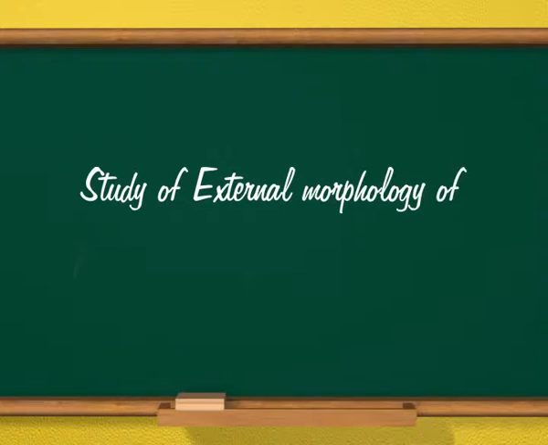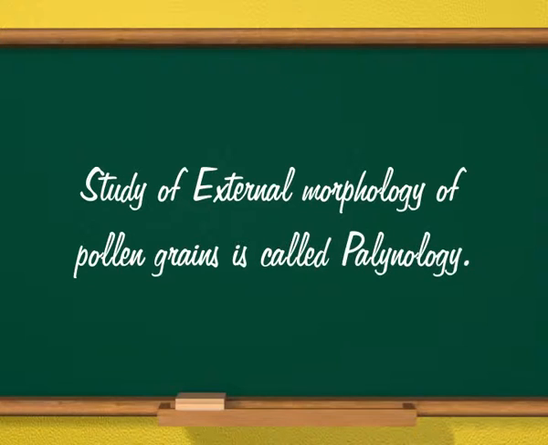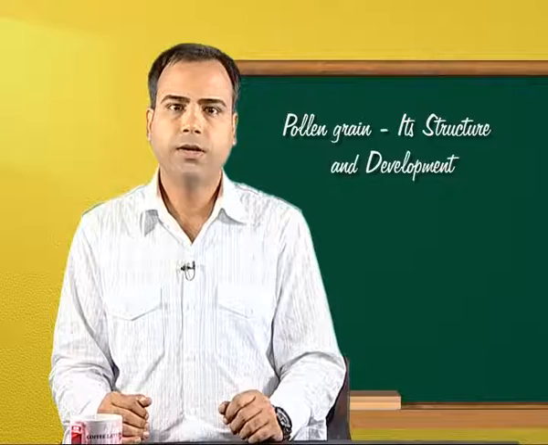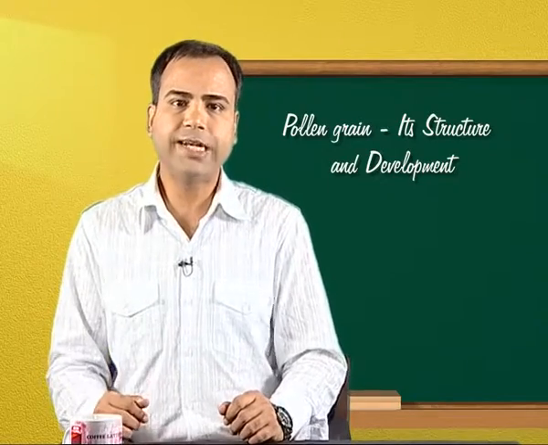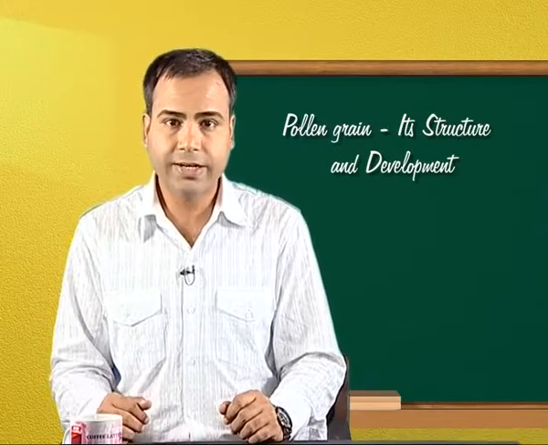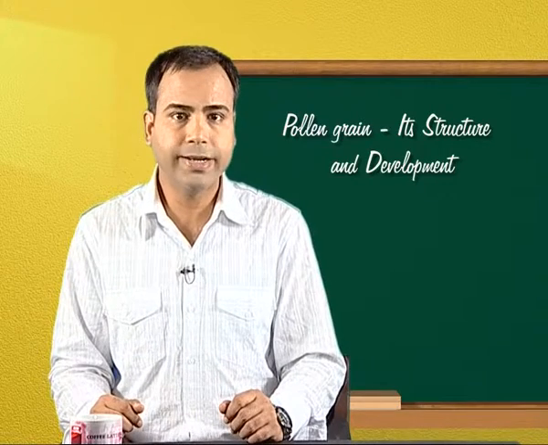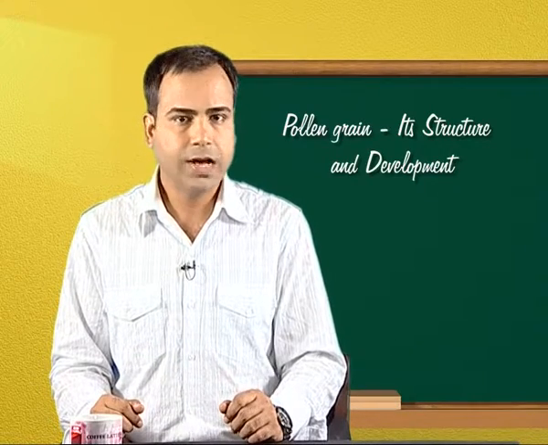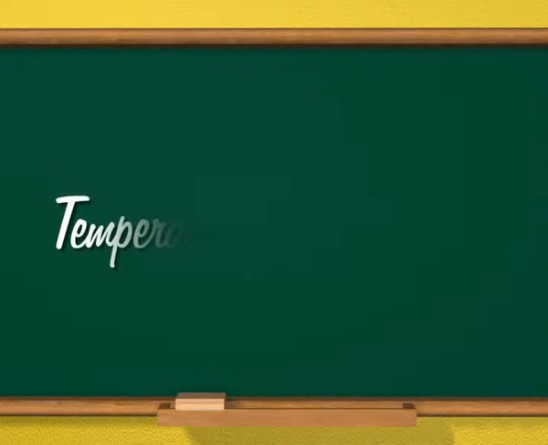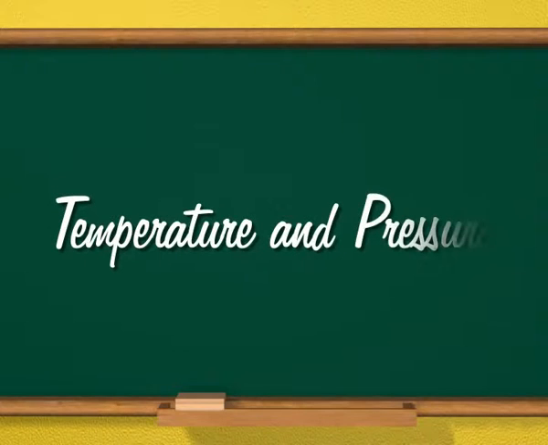Answer is the study of external morphology of pollen grains is called palynology. My next question is, apart from genetic factor, what are the other factors on which viability of pollen grains depends? Answer is it depends upon environmental conditions like temperature and pressure.